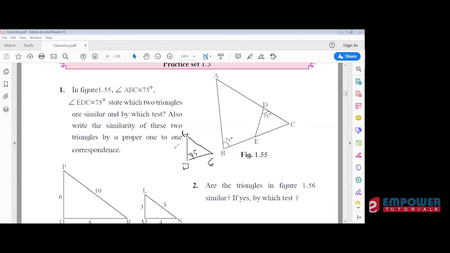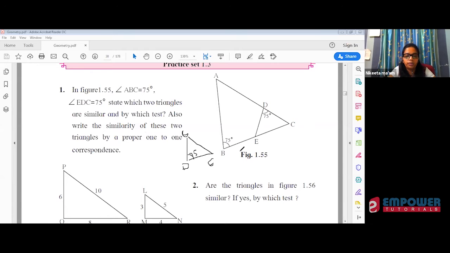Sorry, not congruent, similar. Look over here. They have given angle D is equal to angle B. So we have one angle over here. But if you see, don't you feel this angle C is common? Yes. So in both cases, angle C will be equal to angle C.